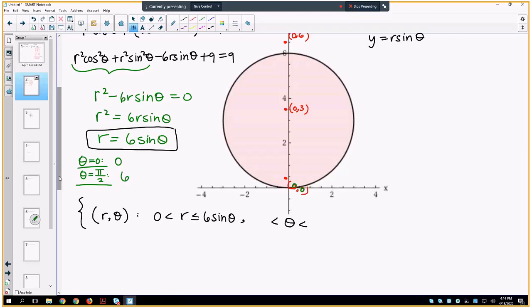So that gives me this point, 0, 6. And theta equals pi? Well, sine of pi is 0, so here I am back at 0. So that tells me that I just need to take theta between 0 and pi to get the entire region. So this region described as a set: r is between 0 and 6 sine theta, theta is between 0 and pi.